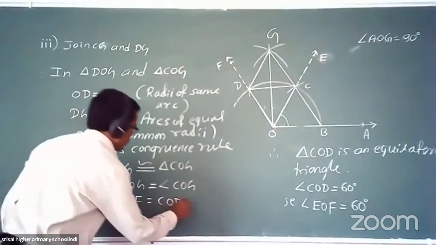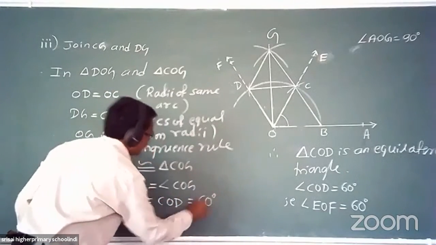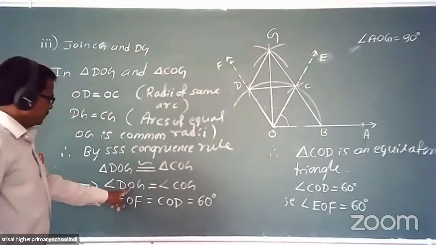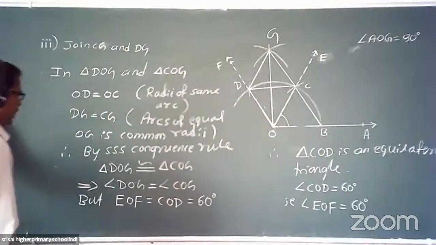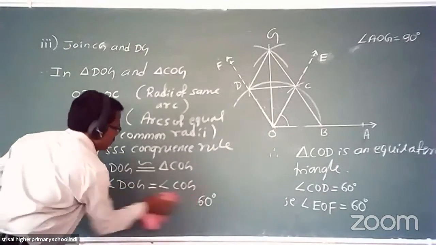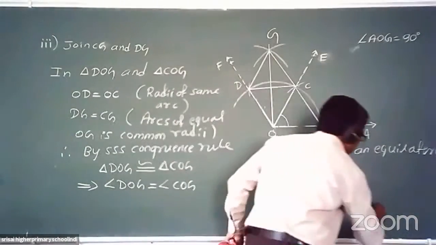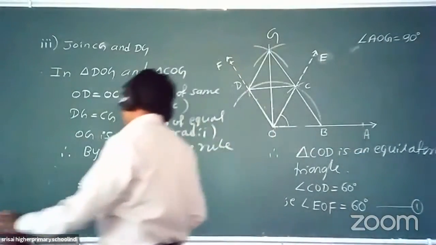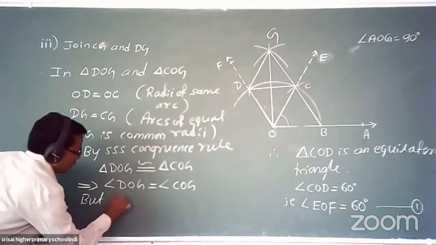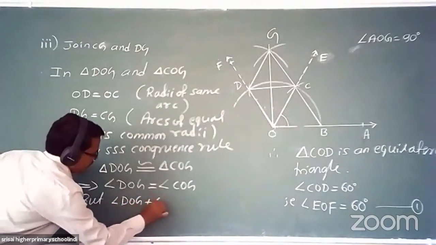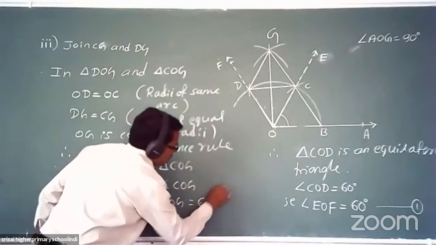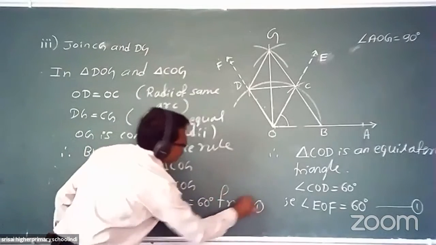The sum is 60 degrees. Both are equal. Here you can call this 1. But angle DOG plus angle COG equal to 60 degrees from 1.